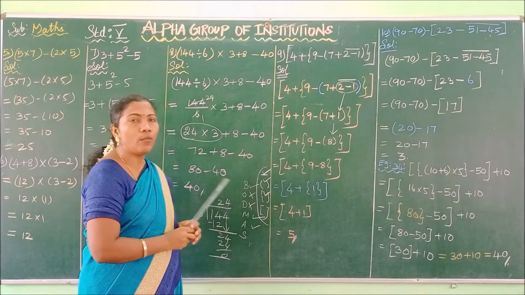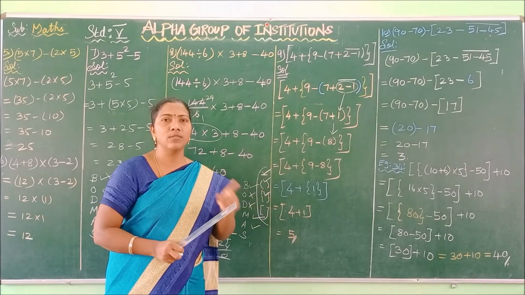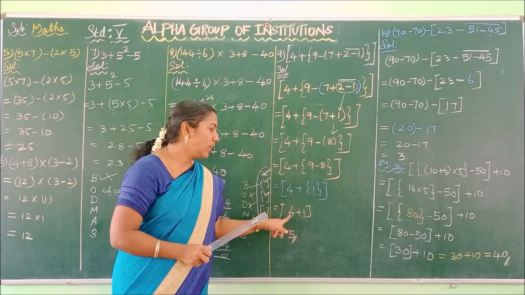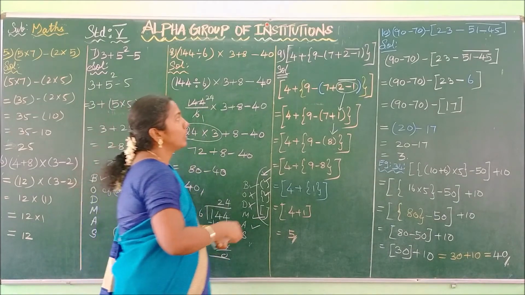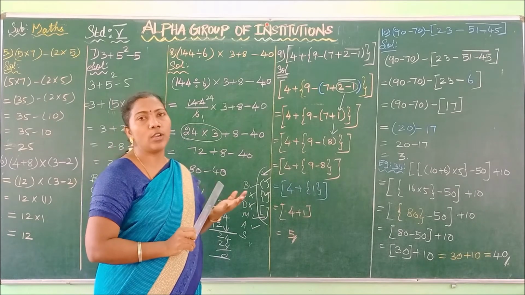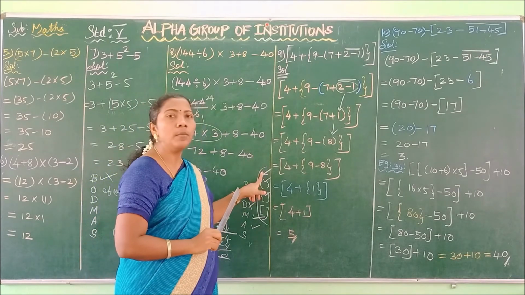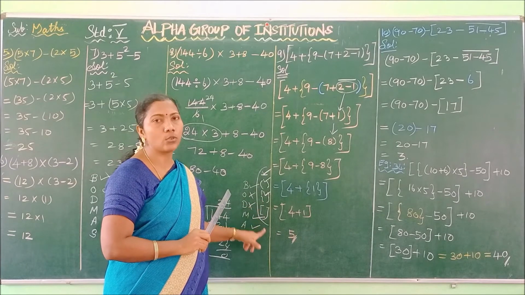Next you have to evaluate the square bracket. Within the square bracket we have two numbers with one operation. So evaluate 4 plus 1. Your answer is 5. Do you understand, children? This expression has 4 types of bracket. First you have to evaluate the vinculum and then simple and then curly and then square.